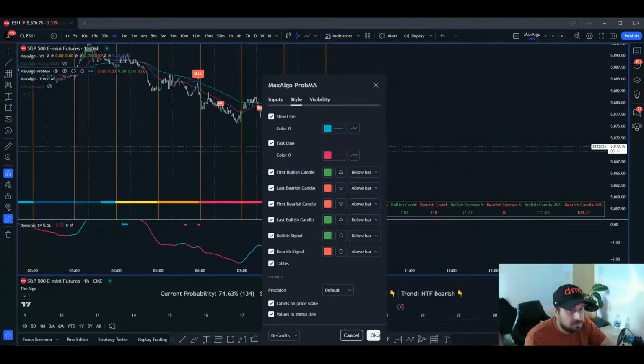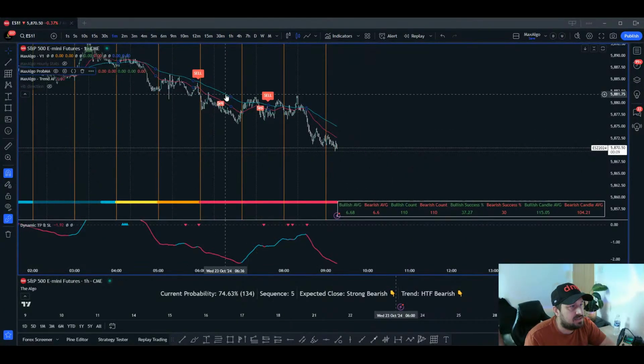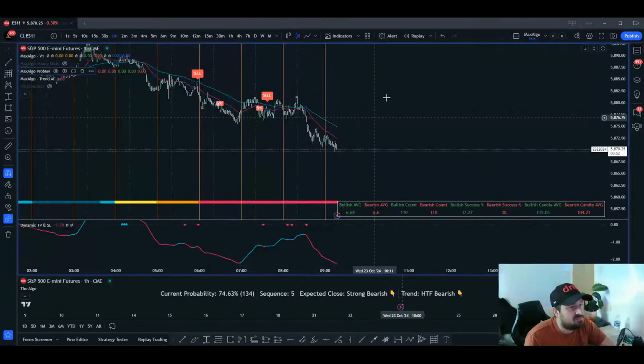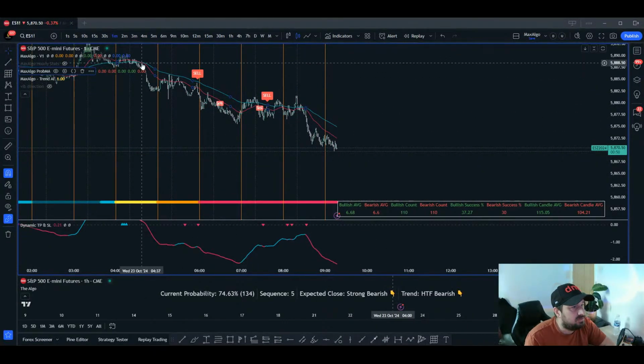So here's your stats around this moving average. You can see it's giving you the average move. When we get a cross, what's the average price move? How many crosses is it counted on? What's the success? A success is when it crosses back over, is price higher or lower?